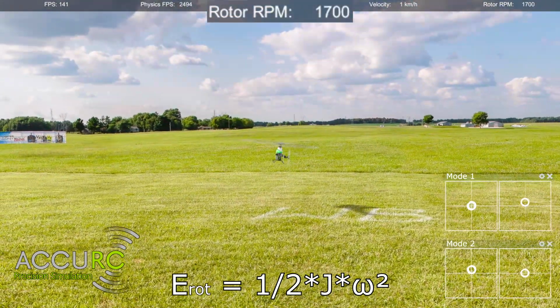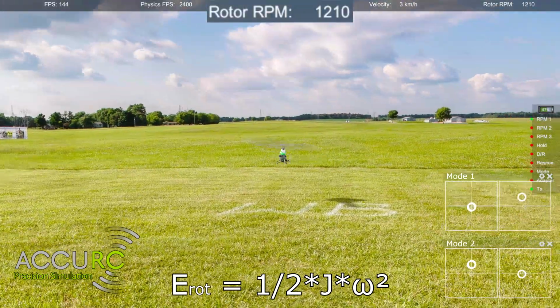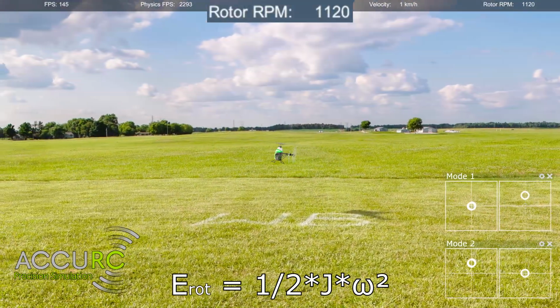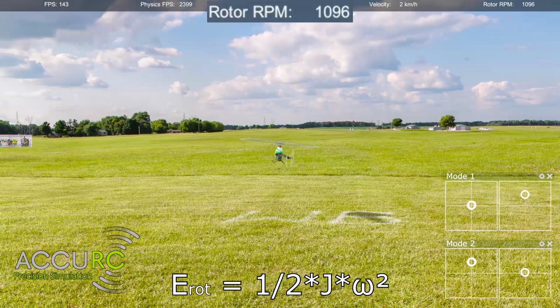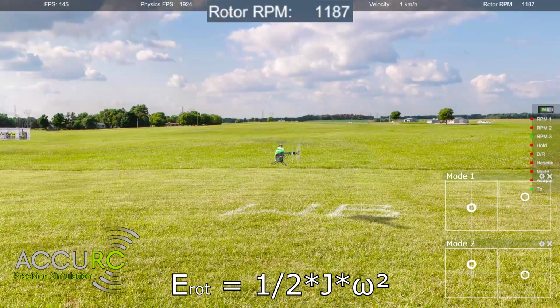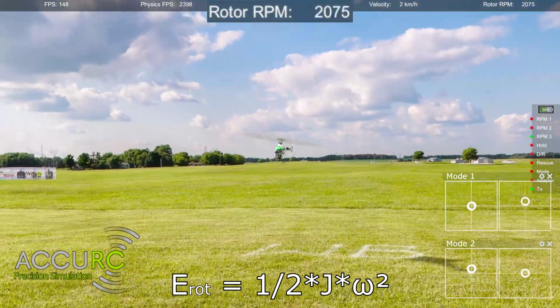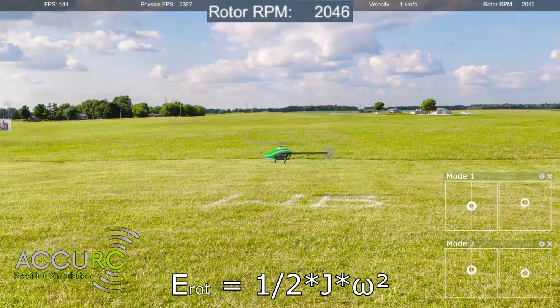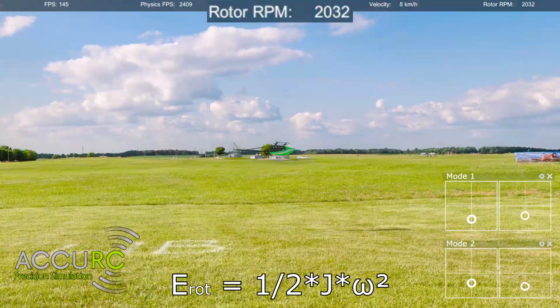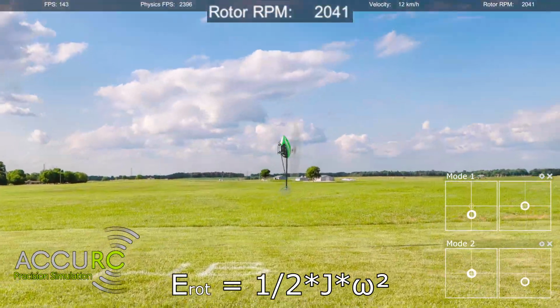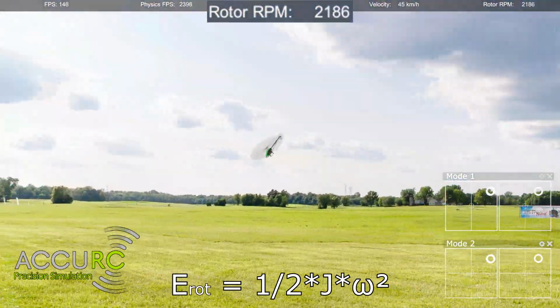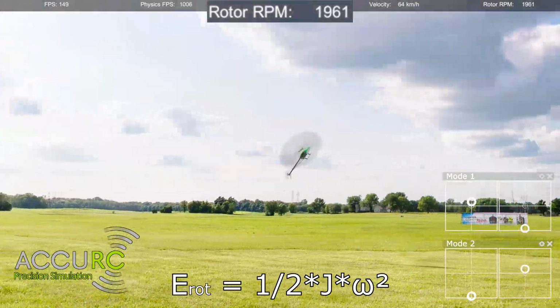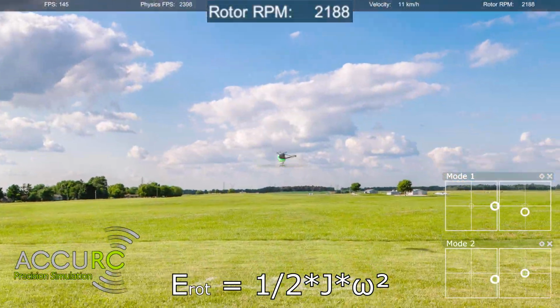So if I have 1000 or 1100 RPM, I have less kinetic rotational energy in the rotor than I have at 2050 or something. To be precise, the rotor has 4 times the energy at 2000 than it has at, for example, 1000, because RPM goes squared into the kinetic energy term.